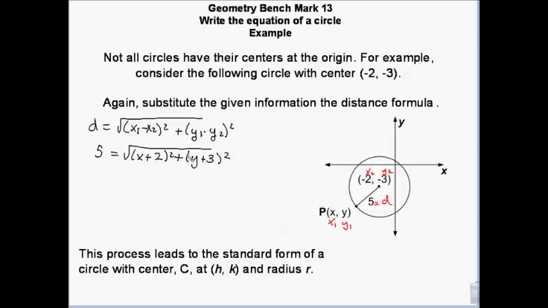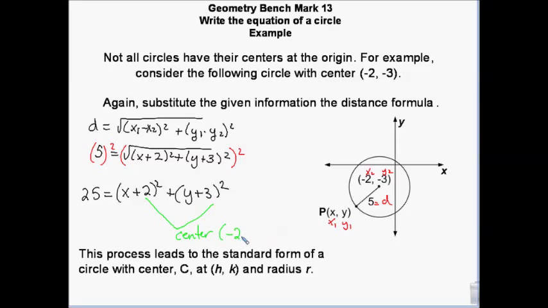And then I square both sides to get rid of the square root. I get 25 is equal to x plus 2 squared plus y plus 3 squared. And this point right here is the center, negative 2, negative 3.